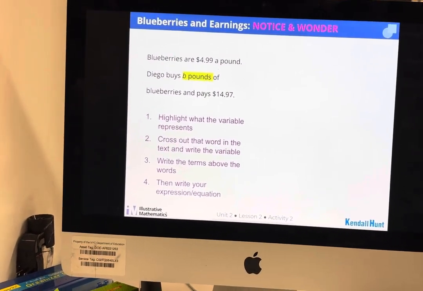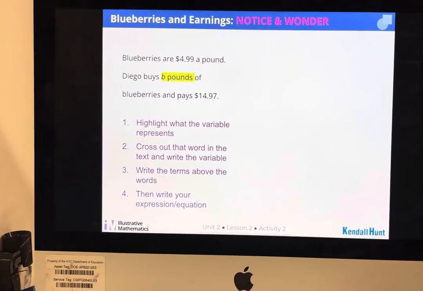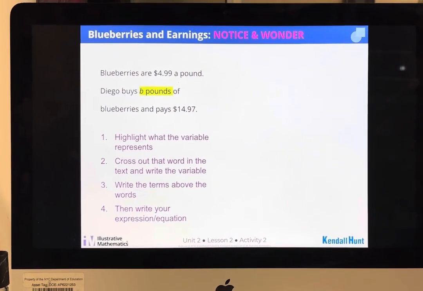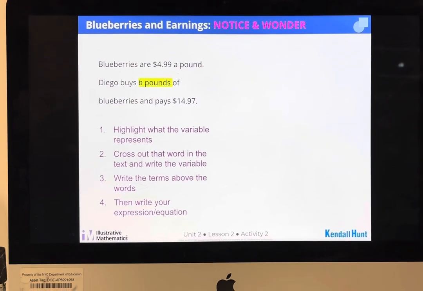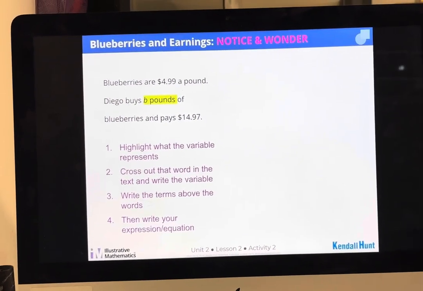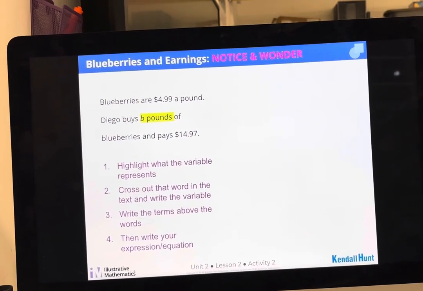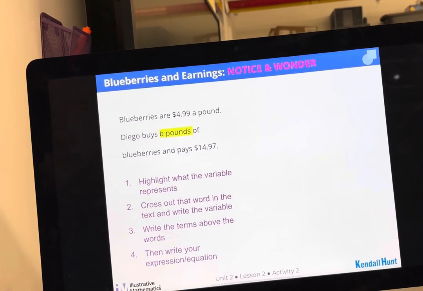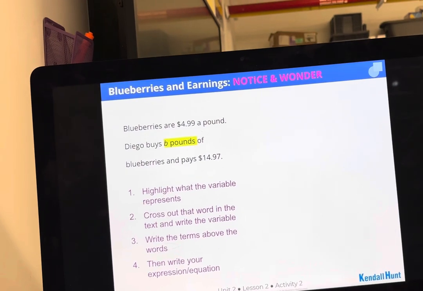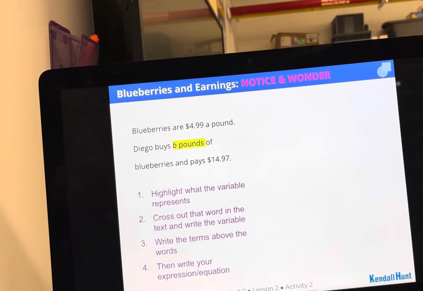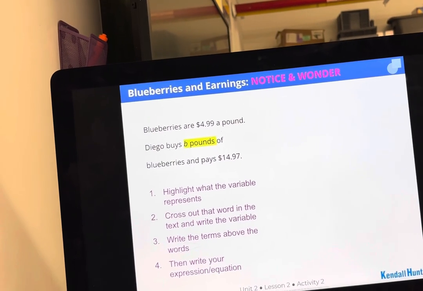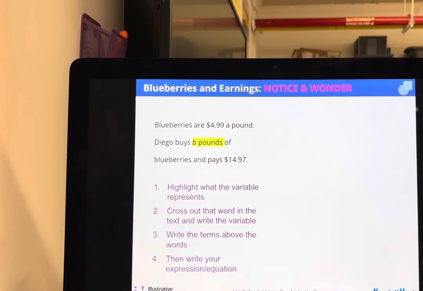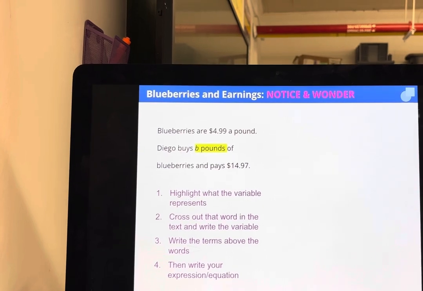This tells us the total cost of 4.99B, the cost of B pounds, all right? So 4.99B equals 14.97 is the equation that we have here.